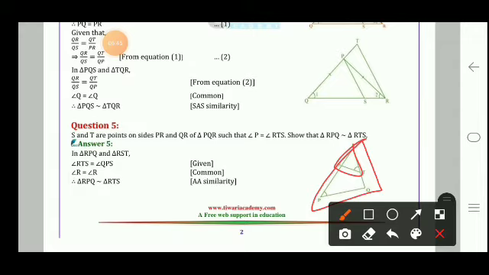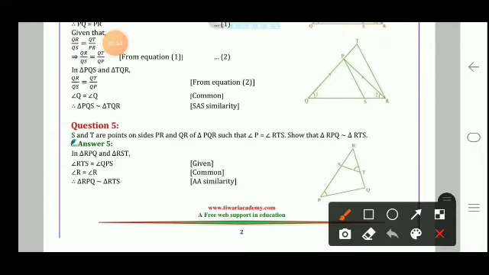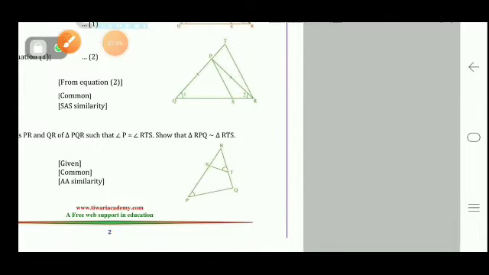Now in triangle RPQ and triangle RST, it is given to us that angle RTS is equal to angle QPS, and angle R is equal to angle R, common for both the triangles. So therefore by angle similarity, both the triangles are similar. Now moving towards question number 6.